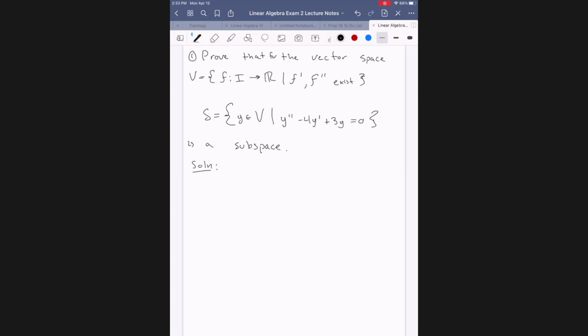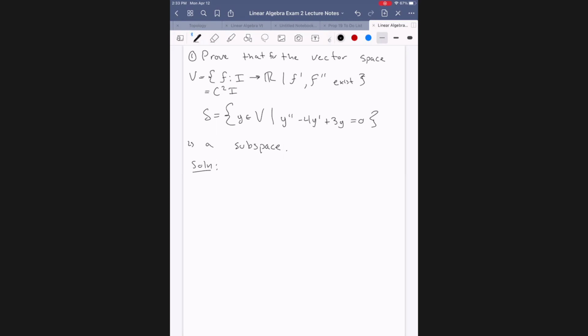By the way, this is C2 on I. This we can also consider. But I mean, so what is it? With the standard addition and scalar multiplication for functions, what was always considered the zero vector in that case? For functions, right?